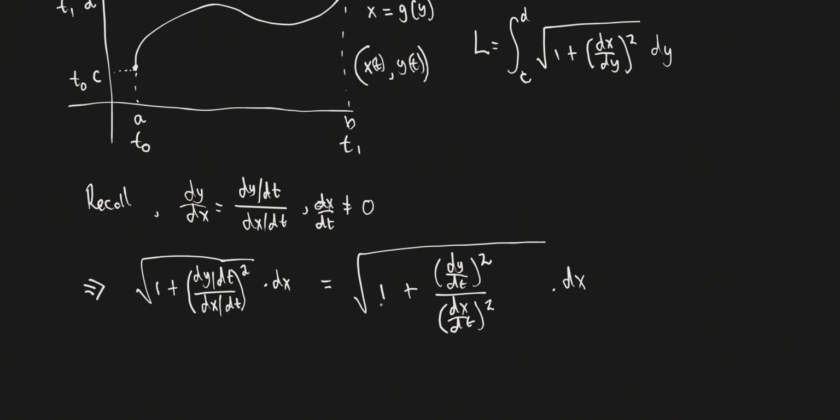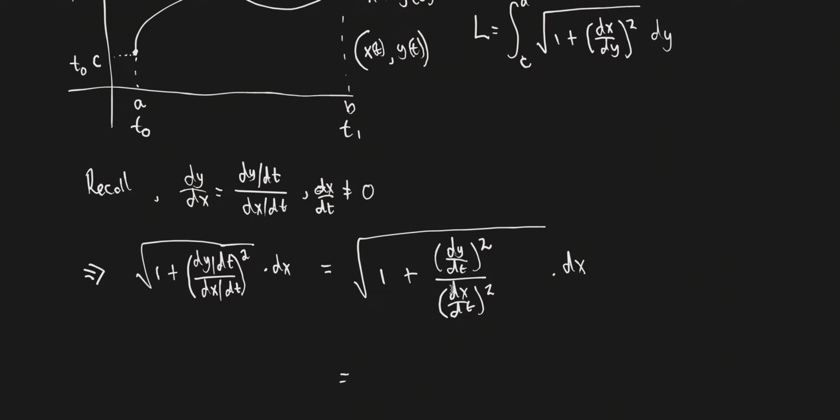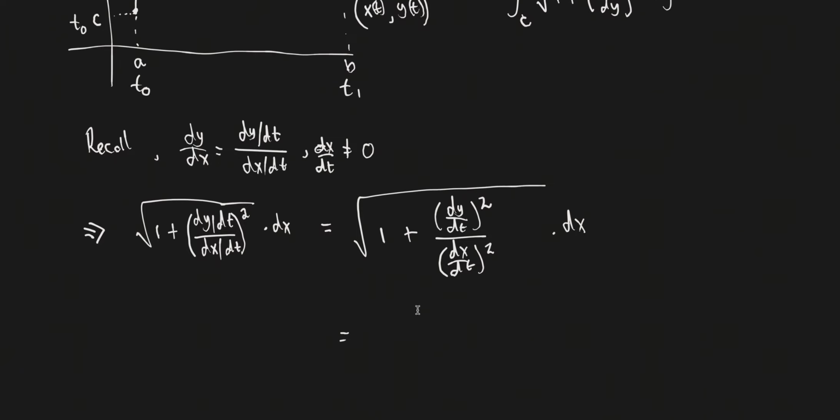Well, let's write this as a single fraction. In order to write what's under the square root as a single fraction, we need the common denominator. So if I treat this as 1 over 1, then I'm going to multiply the 1 over 1 by the quantity (dx/dt) squared. So it's going to look like this.